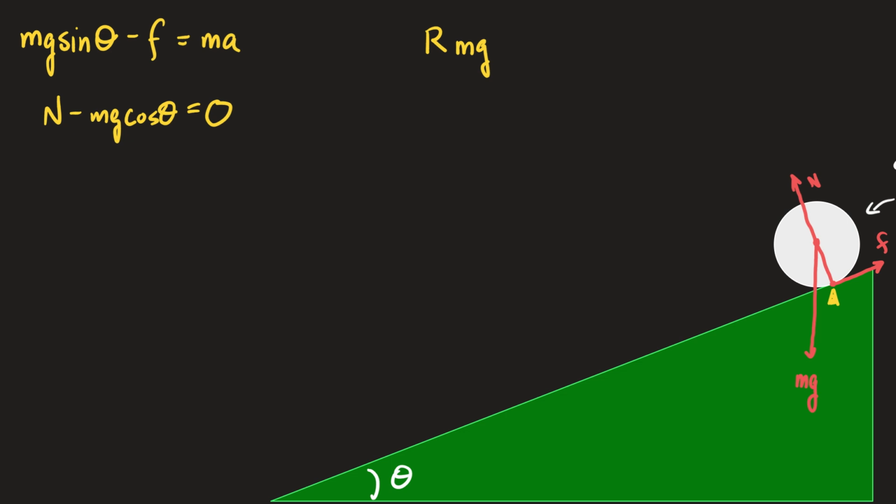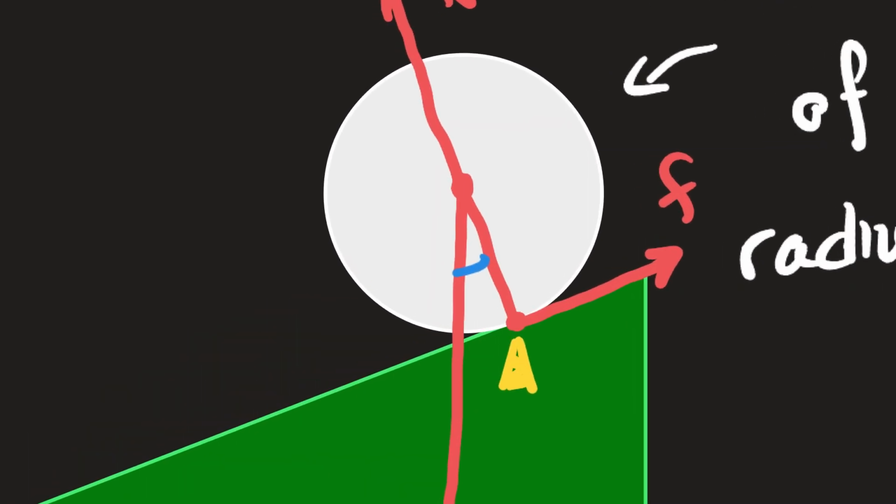And there's an angle right here. What angle do you think that is? Yeah, it's got to be the angle of the ramp, right? Because if there's no ramp, it'd be 0. But if there is a ramp, then it's whatever the angle of the ramp is. So theta has to be that angle.